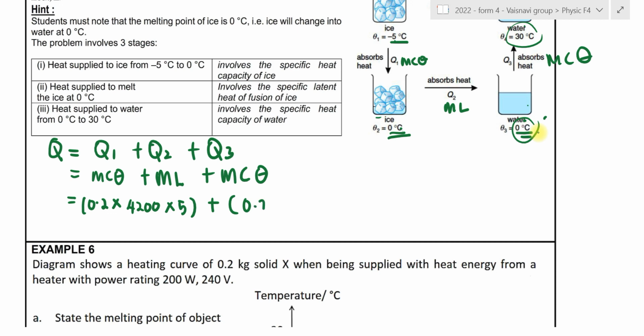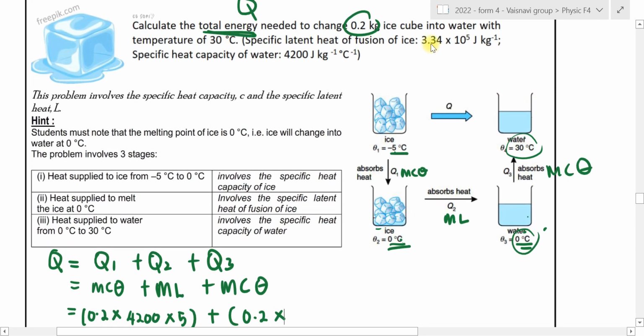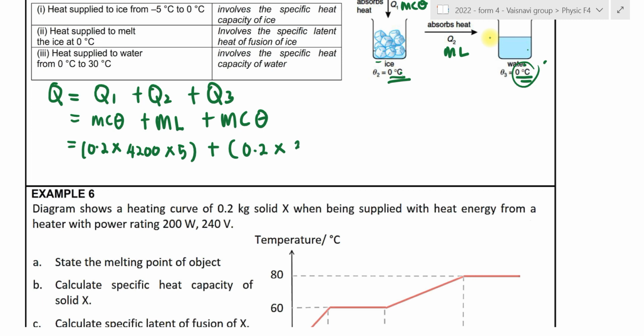Plus 0.2 times latent heat fusion. Fusion dia bagi 3.34 times 10 to the power of 5. And then mcθ for the water. Water is still 0.2 kg, 4,200. Now the temperature change is 0 to 30 degrees Celsius. So 30 degrees Celsius.